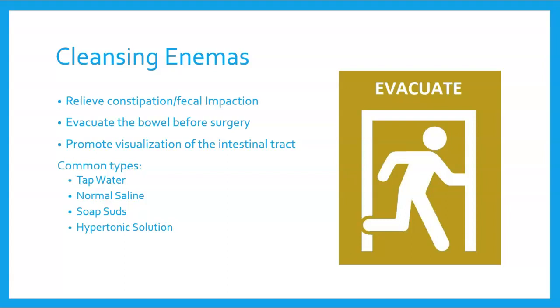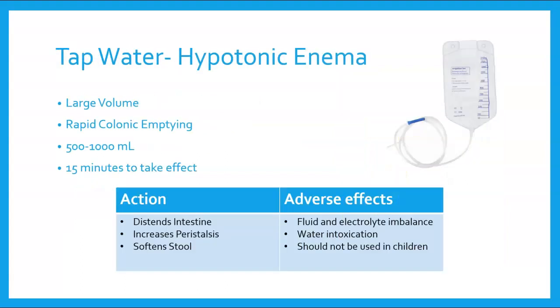Common types of cleansing enemas are tap water enemas, normal saline, soap suds, and hypertonic solution enemas. Tap water enemas are also known as hypotonic enemas. These are one of our large volume enemas, typically from about 500 to 1,000 milliliters of fluid that we are introducing into the patient's rectum, into their colon.